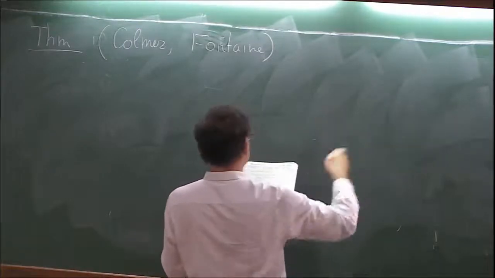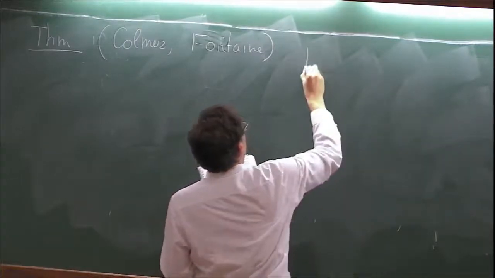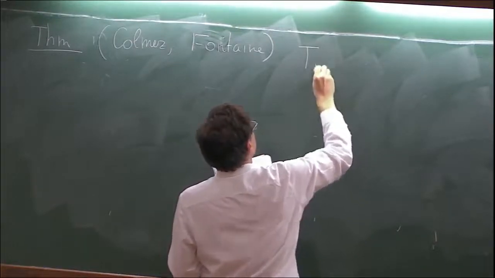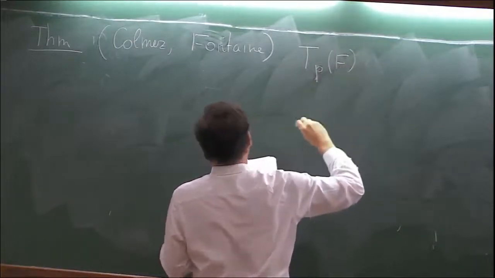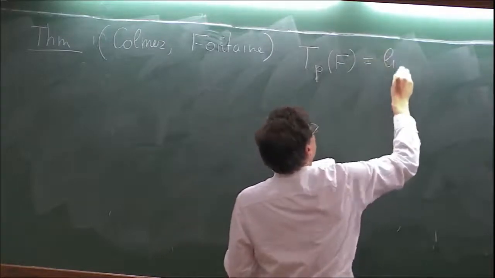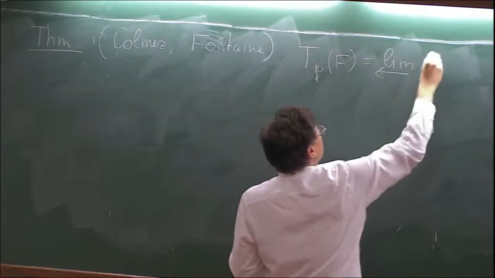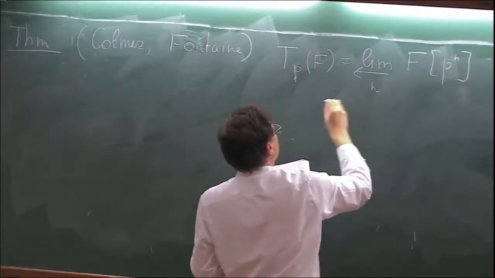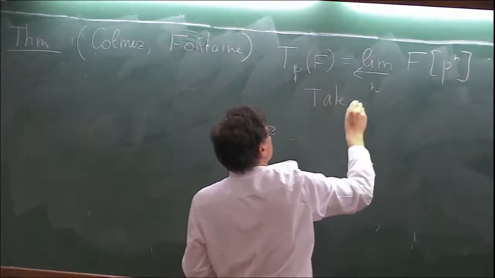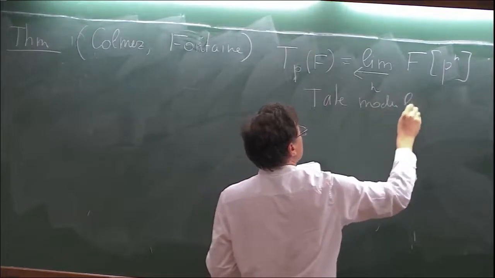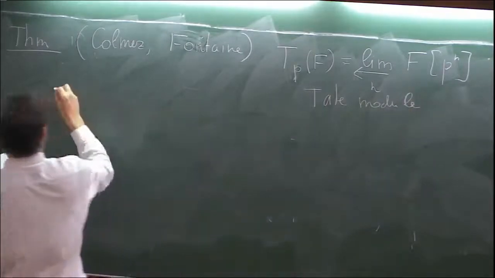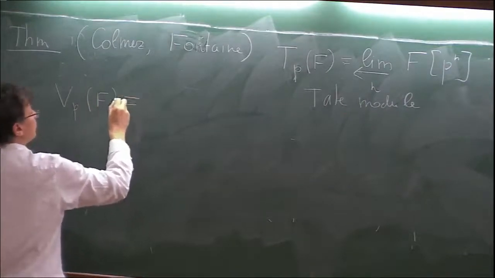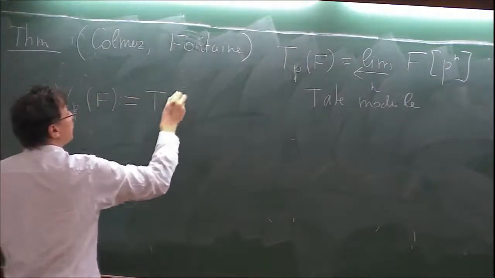We keep all notation and denote by T_p F the Tate module of the formal group F, and let V_p F be the corresponding p-adic representation.